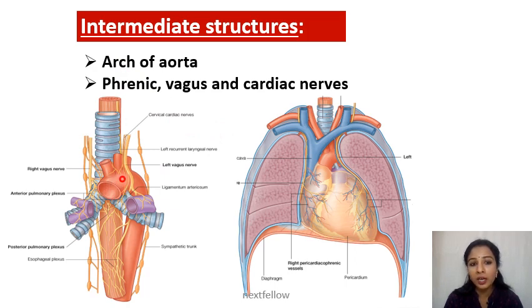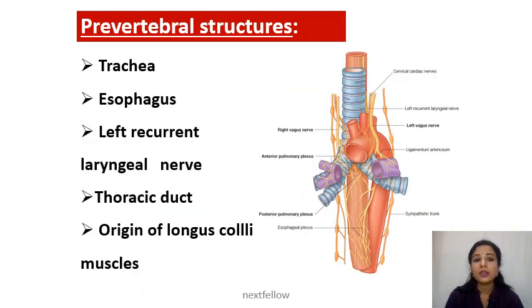We can remember the arch of aorta, and nerves: phrenic nerve, vagus nerve, and cardiac nerves, which are present on each side. These are the right and left phrenic nerves, vagus and cardiac nerves, which descend down. Just in front of the vertebra we have the esophagus. In front of the esophagus is the trachea.